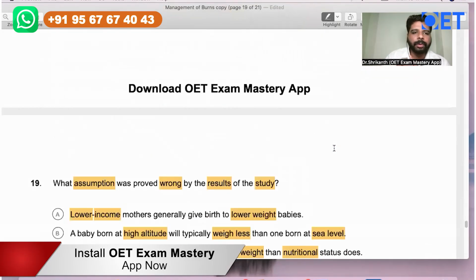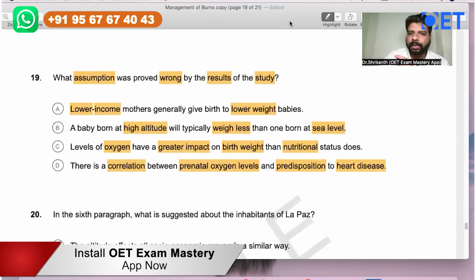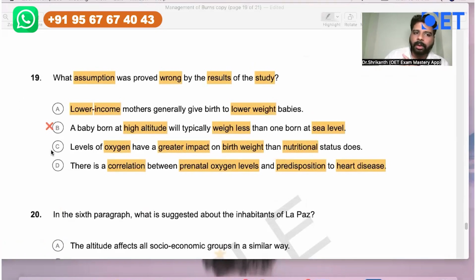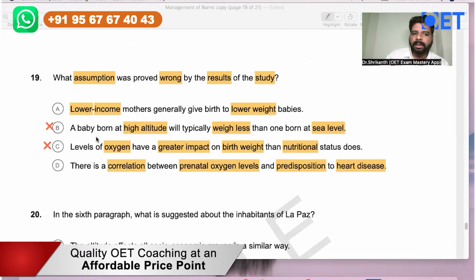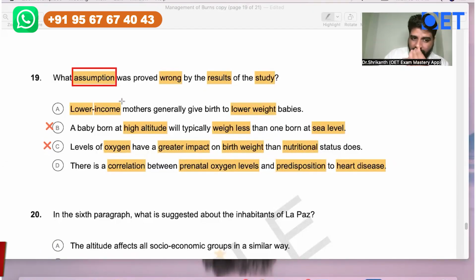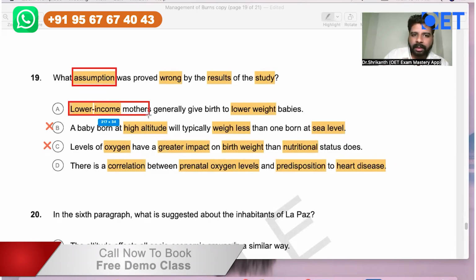So let's come to the question. Now we have eliminated answer option B and C, because B is a result, not an assumption. C also is a result, not an assumption. Now what is answer option A over here? So this is the assumption. What is your duty? Your duty is to find what the assumption was. Assumption was lower income mothers generally give birth to lower weight babies.